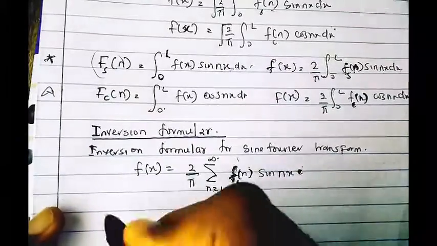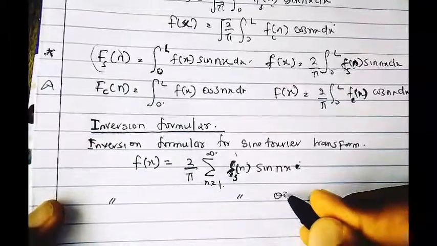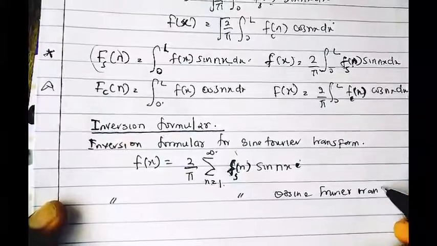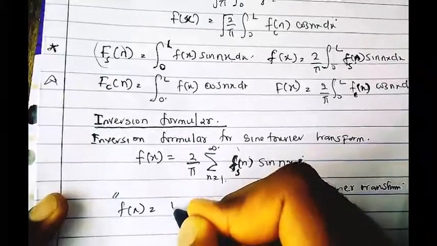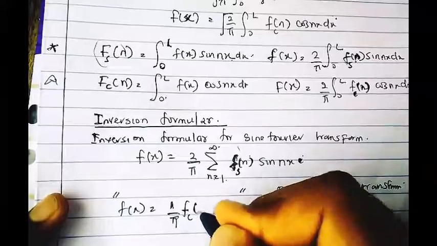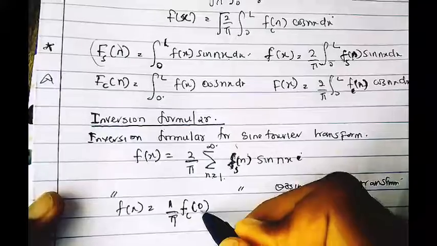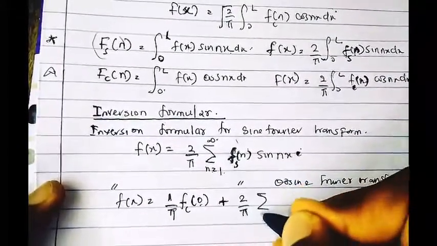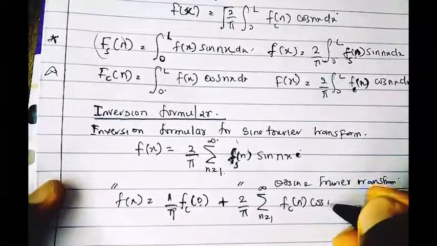So the inversion formula for your cosine Fourier transform goes like this: f of x is equal to 1 over pi times the Fourier cosine transform of the function at n equals 0, plus 2 over pi summation from n equal to 1 to infinity of the Fourier cosine transform of f of n cos nx.